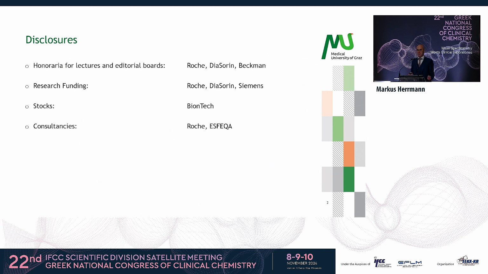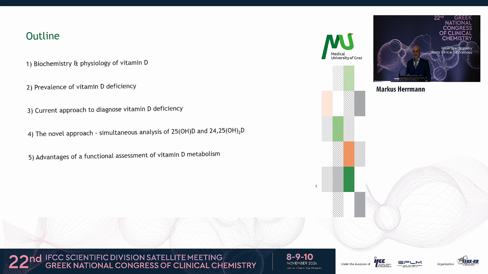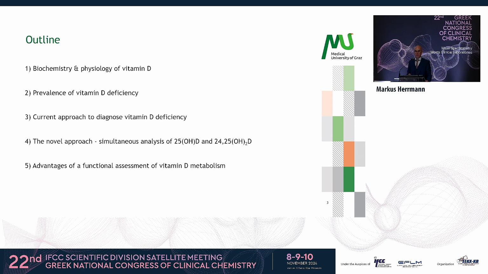Now, here are my disclosures. Actually, none of them relates to the content of today's lecture. And this is the outline of my presentation. I will start with a brief excursion into the biochemistry and physiology of vitamin D, followed by some epidemiologic data regarding the prevalence of vitamin D deficiency in Central Europe.